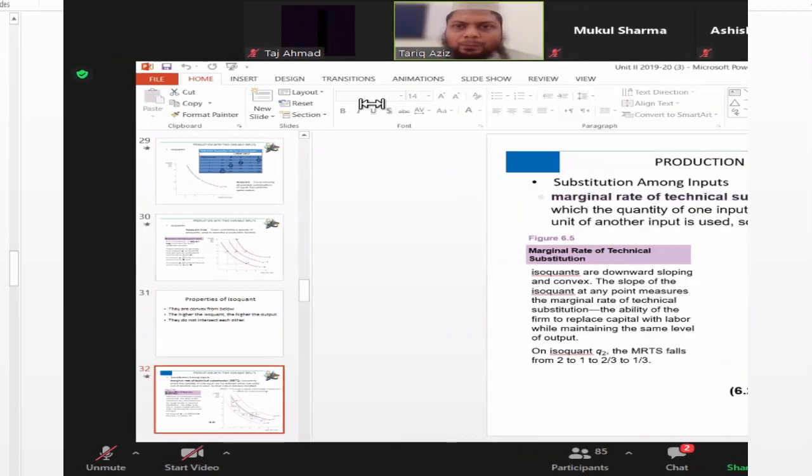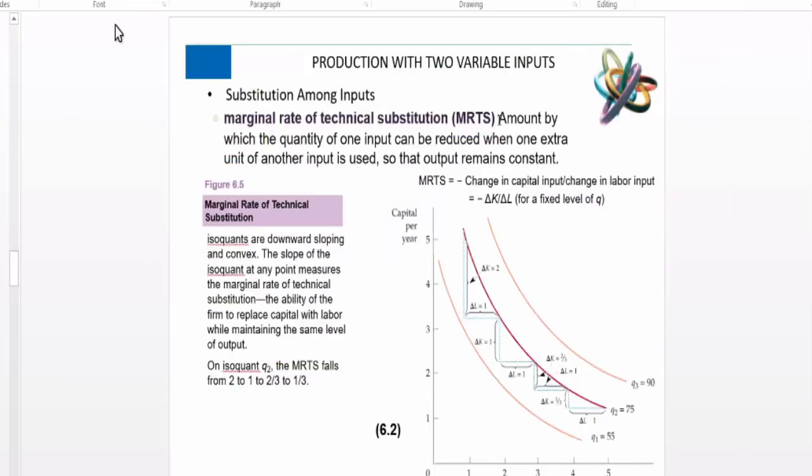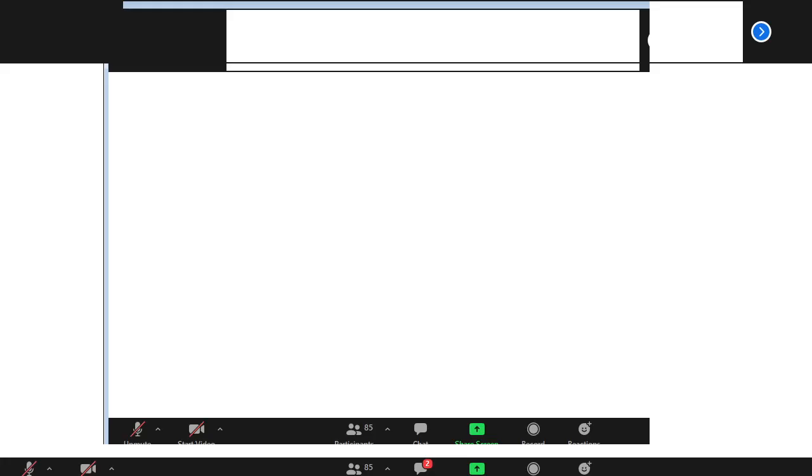Since we are replacing one input by another input by changing different combinations, it is the amount by which the quantity of one input can be reduced when one extra unit of another input is used, so that output remains constant.